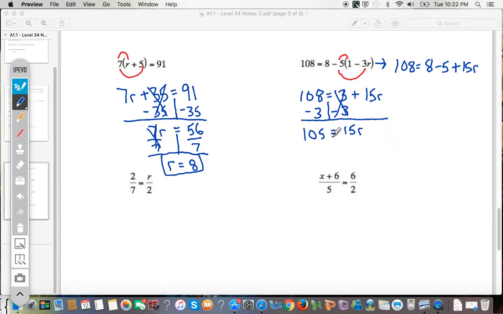Okay, so now one more t should do it. Divide by 15 to get the r by itself. So 15's cancel. And I have r equals, you might need a calculator for this one, 105 divided by 15, which happens to be 7.